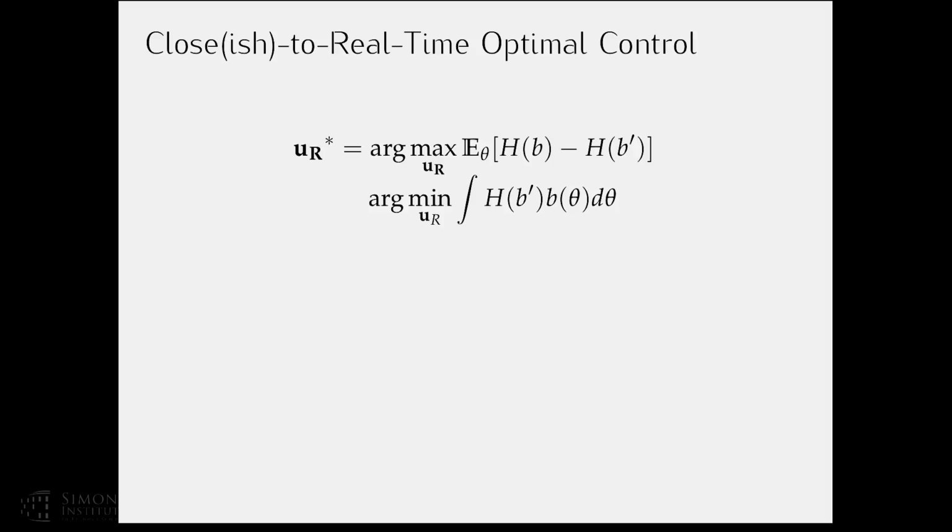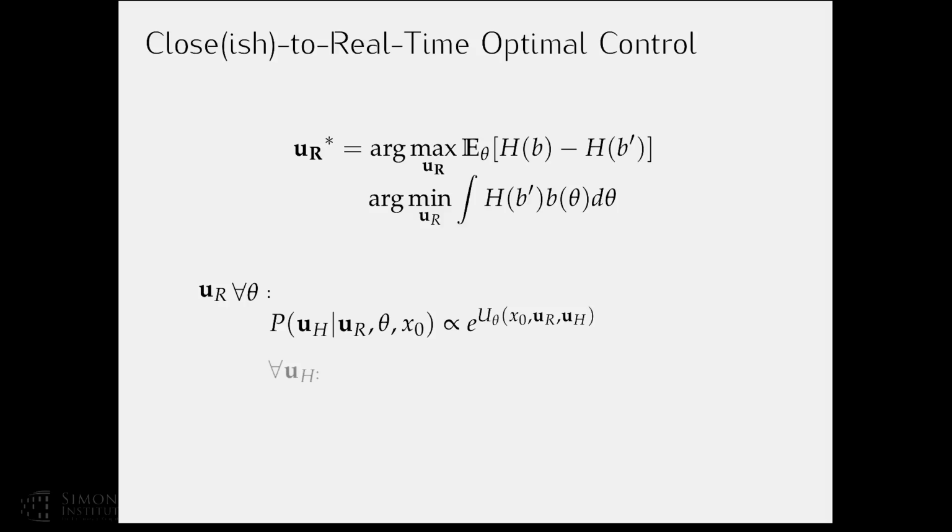So to even evaluate this, you have to say, okay, if I have a UR and I want to figure out how good that UR is in terms of the expected information gain, well, I have to think of every possible value that theta could get, and for every possible value that theta could get, I have a probability distribution over what the person might do.